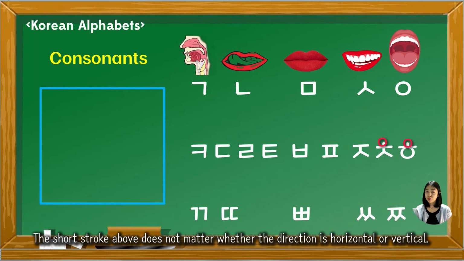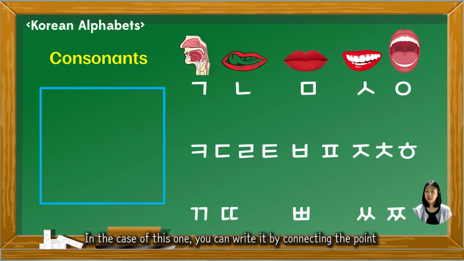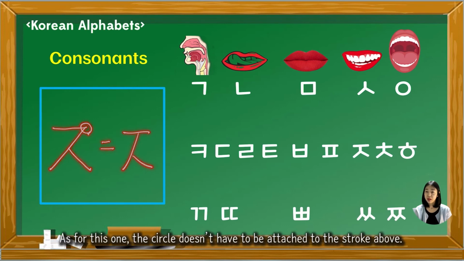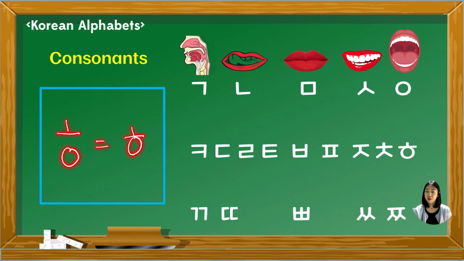The short stroke above does not matter whether the direction is horizontal or vertical. In the case of this one, you can write it by connecting the point where the second stroke begins meets the last part of the first stroke. As for this one, the circle does not have to be attached to the stroke above.